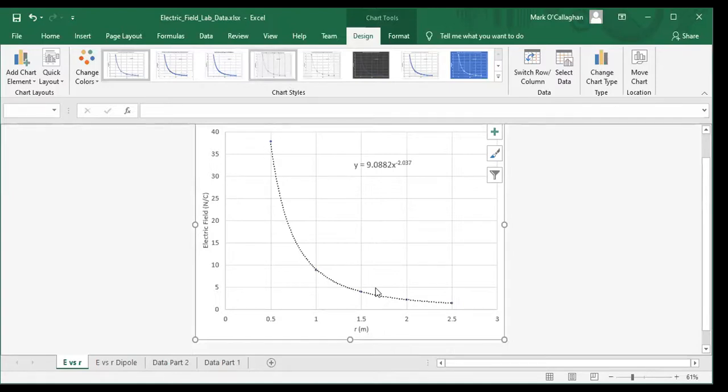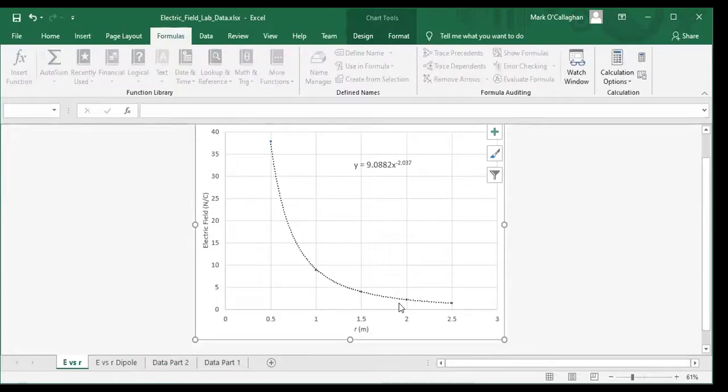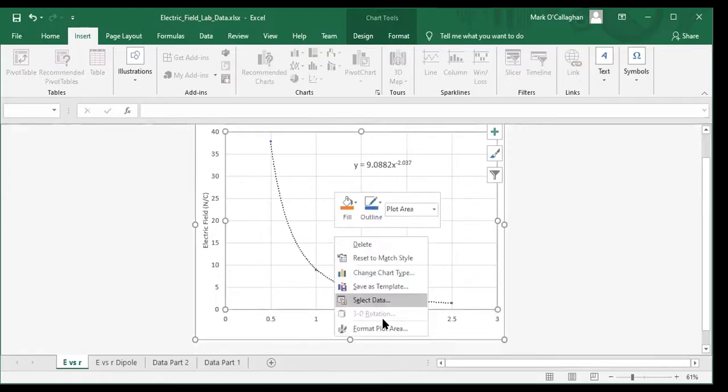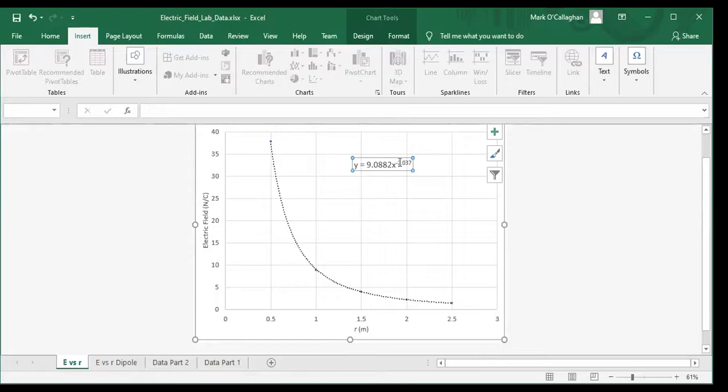Now, you might wonder, okay, how did you get this curve? You showed me a scatter plot. Well, remember, I also have the ability to add a trend line. So I added a trend line. Add trend line is an option that you had. I already created it, so let me bring it back.